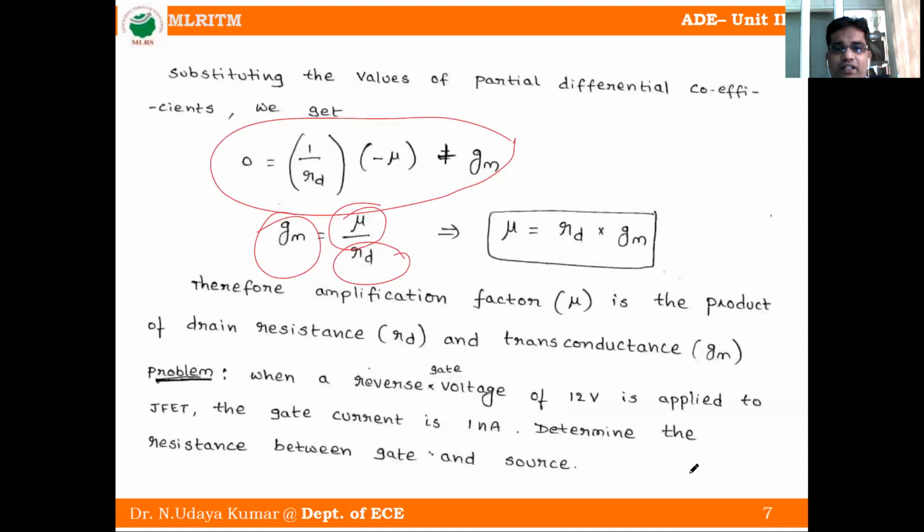And also we see the relationship between transconductance, amplification factor, and drain resistance. So GM is equal to mu by RD, so mu is equal to RD into GM. That means the amplification factor is the product of drain resistance and transconductance.